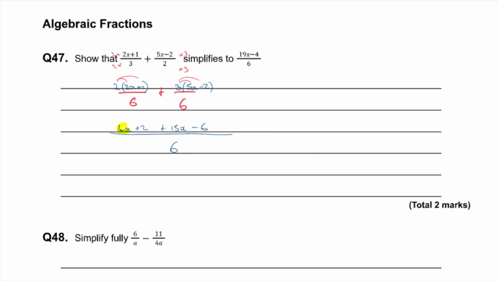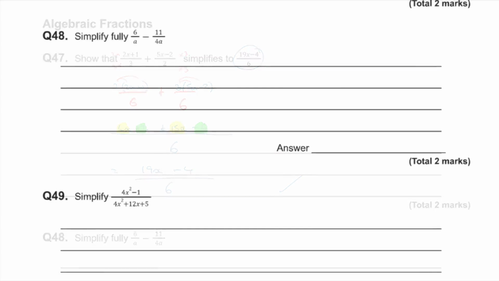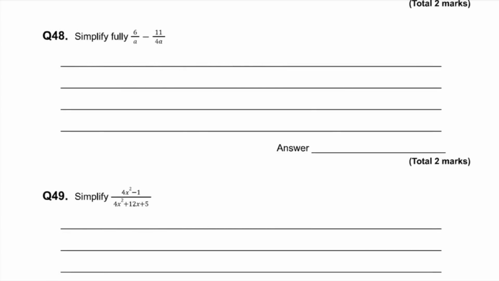Okay, collecting like terms, I've got a 4x and a 15x, and I've got a 2 and a minus 6. So 4x plus 15x is 19x, and 2 and minus 6 is minus 4. So I'm getting 19x minus 4, all over 6. Oh look, that's the same as that one. I did it.